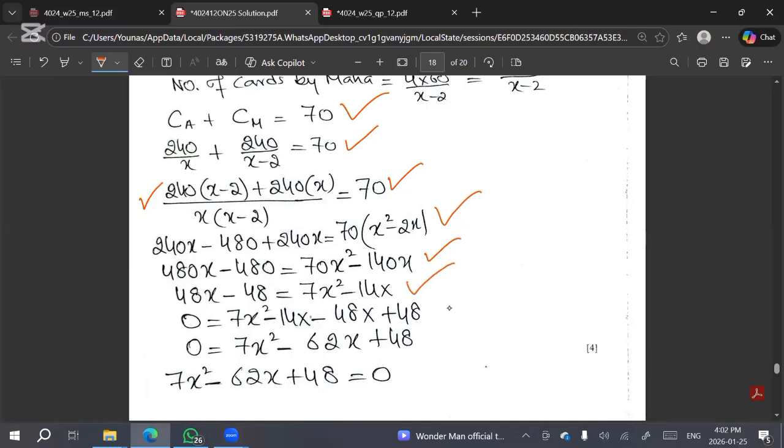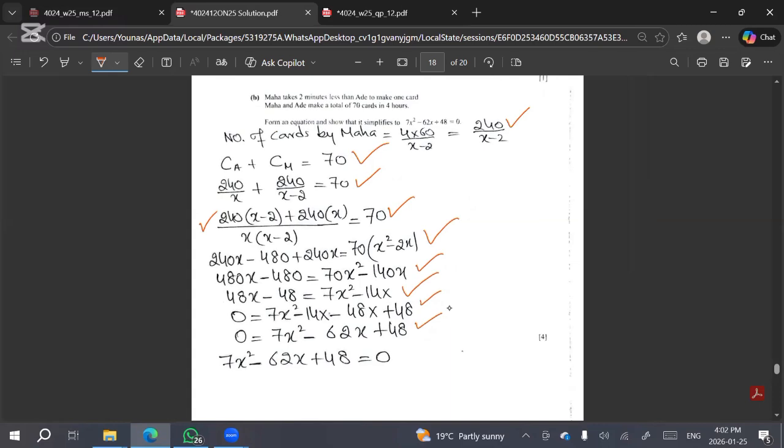You see, we have cancelled with the 10 on all the terms on both sides. So you will have 7X square minus 14X minus 48X plus 48, and you will have 0 equals 7X square minus 62X plus 48. And this is the equation which they ask us to make.